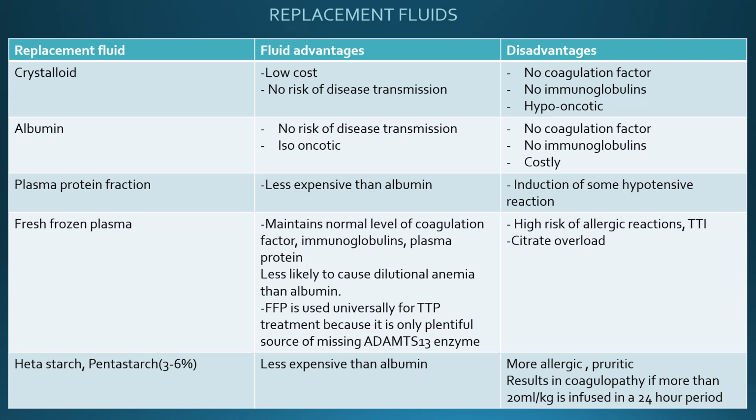But there is a risk of allergic reaction, TTI and citrate overload. Next is plasma protein fraction. It is less expensive than albumin, but it can lead to a hypotensive reaction. Another one is hetastarch or pentastarch. This one is less expensive than albumin, but it can lead to allergic pruritic reactions and coagulopathy if more than 20 ml per kg is infused in 24 hours.